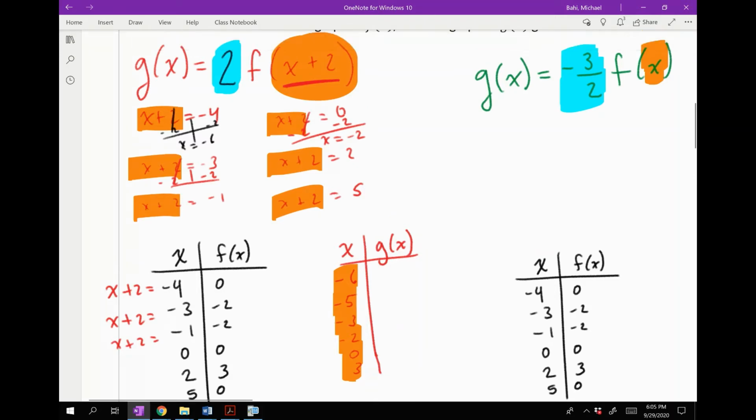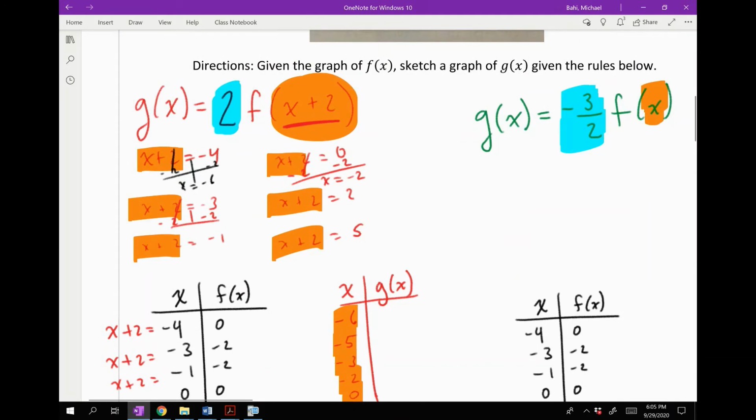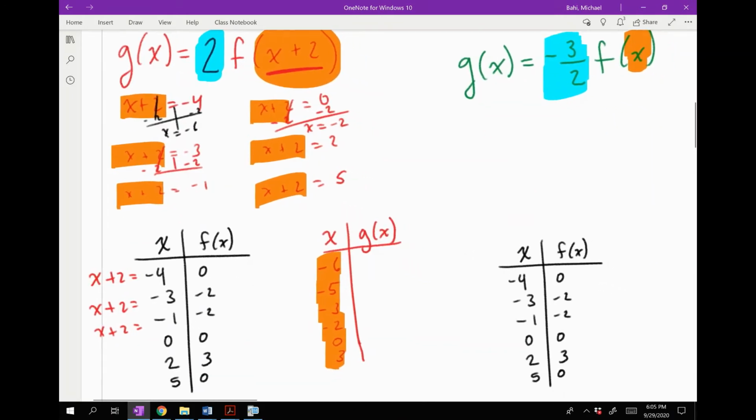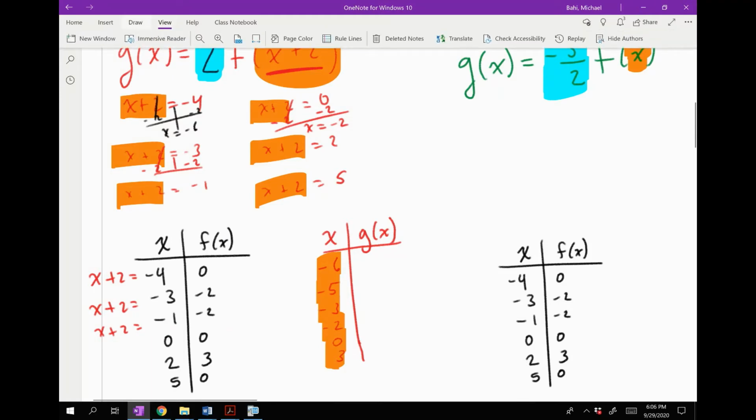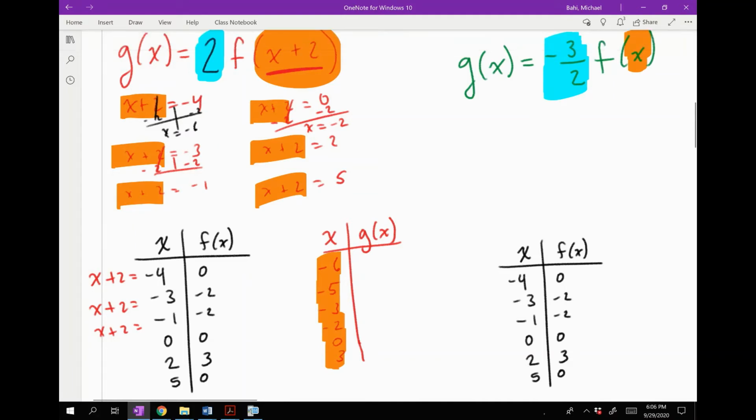Now for the y, you don't have to set each of these numbers in blue equal to the original y's. You follow order of operations. You're not solving for them because they're not inputs. So what we're doing to all of these y values is we're just going to double them. That's technically multiplication. Zero times 2 is 0.